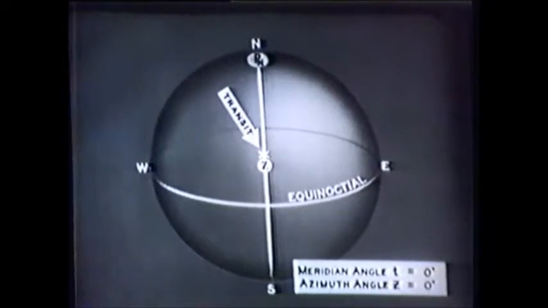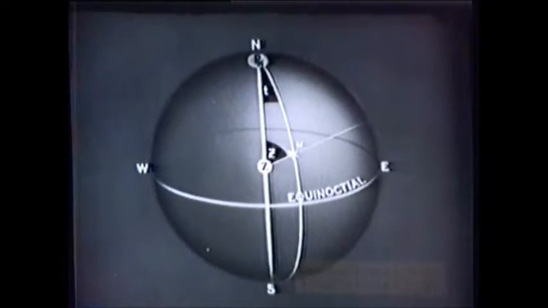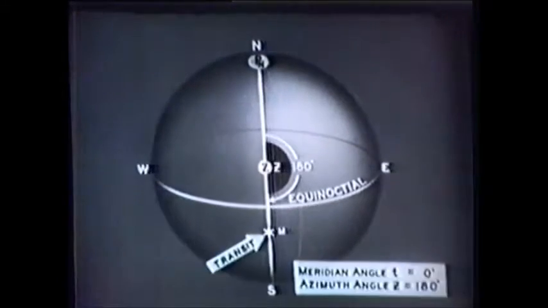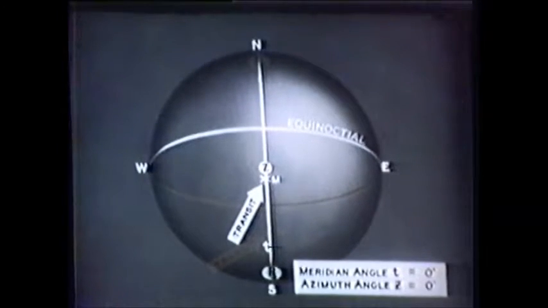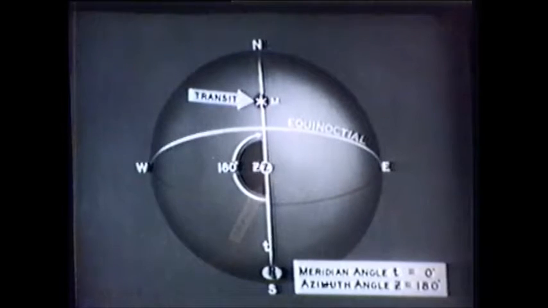Now let us combine the factors we have just examined and see what we have. This angle at the pole is the meridian angle, and this angle at the zenith is the azimuth angle. Here we find altitude, declination, and latitude.